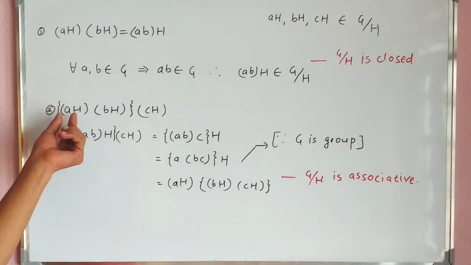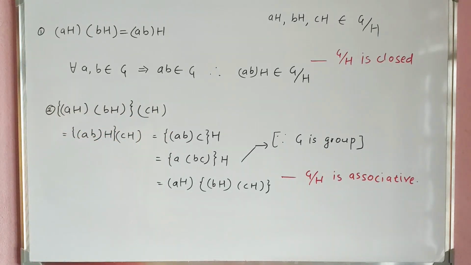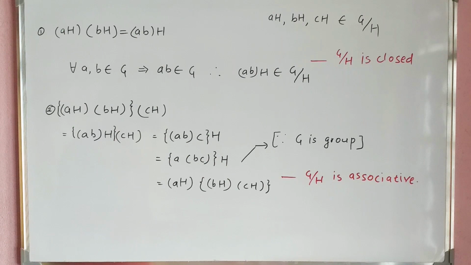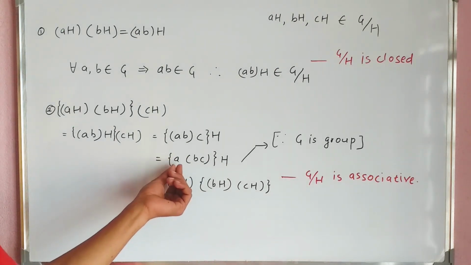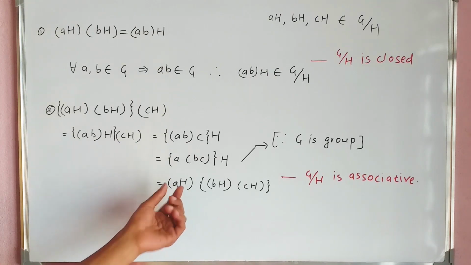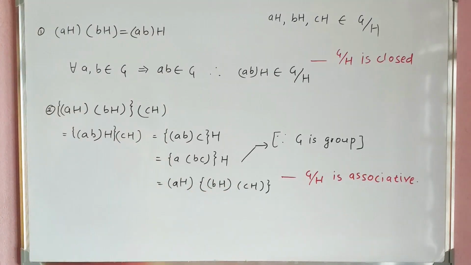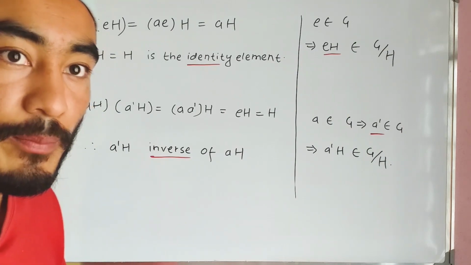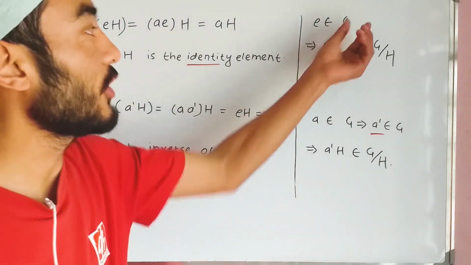Next, (aH bH) times cH gives (ab)cH. Applying the associative property, we get a(bc)H, and this gives us aH times (bH cH), and this shows G/H is associative.